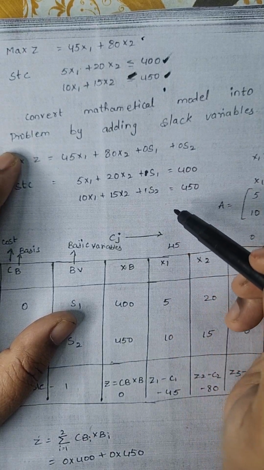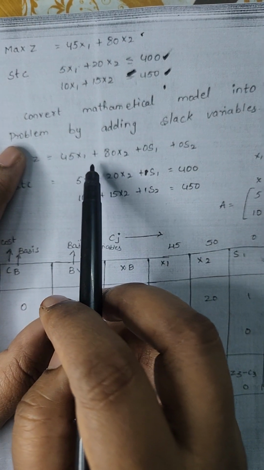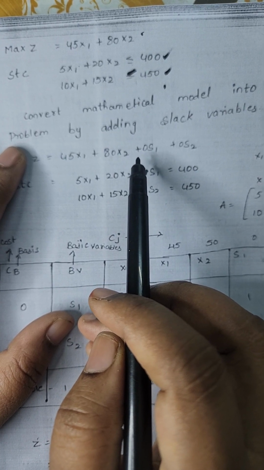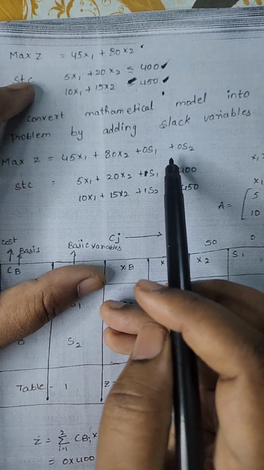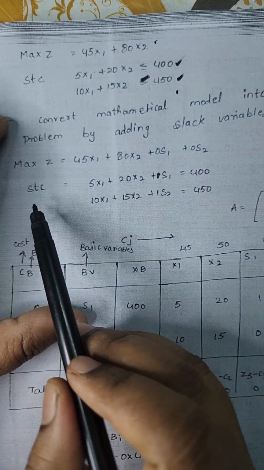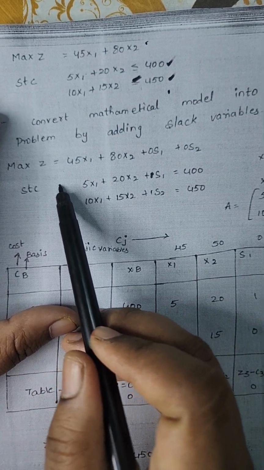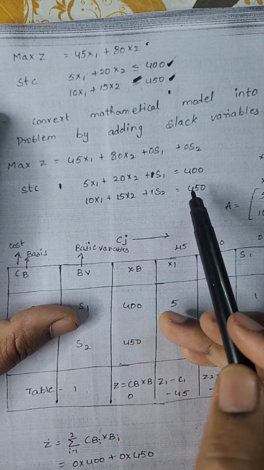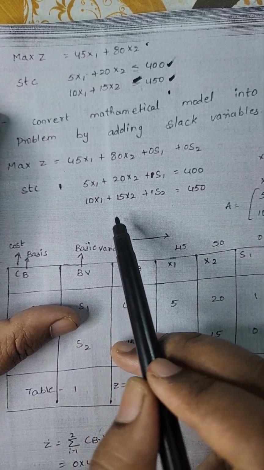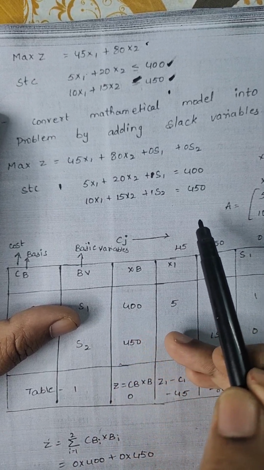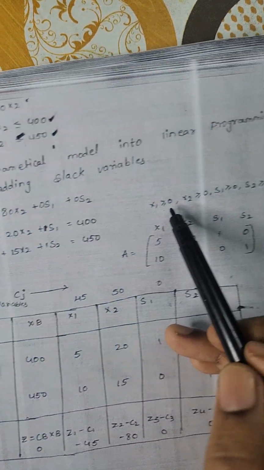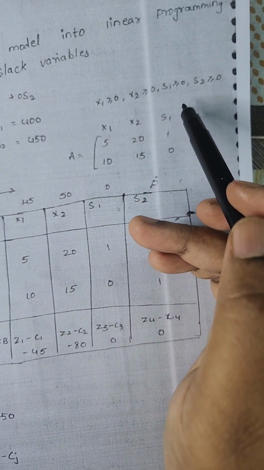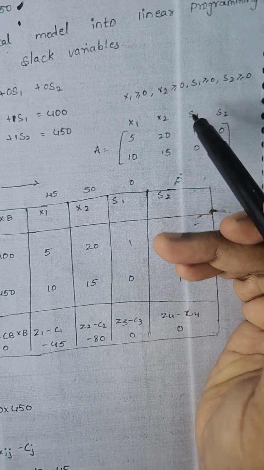So max z is equal to 45x1 plus 80x2 plus 0s1 plus 0s2, since the cost of a slack variable is always 0, subject to the constraints 5x1 plus 20x2 plus s1 equal to 400 and 10x1 plus 15x2 plus s2 equal to 450, where x1, x2, s1 and s2 are all greater than or equal to 0.